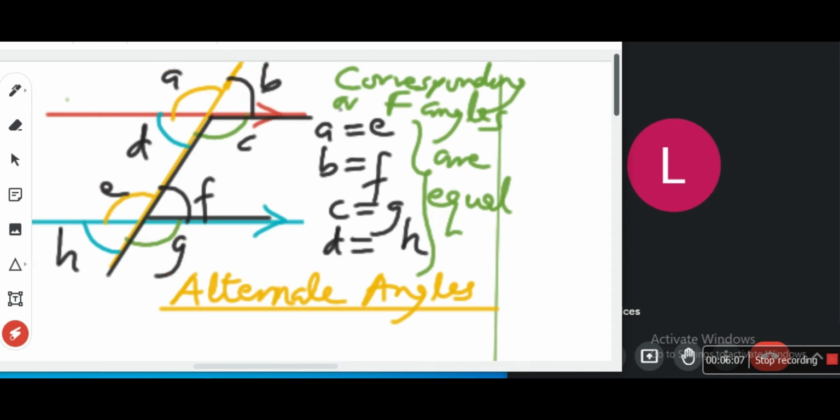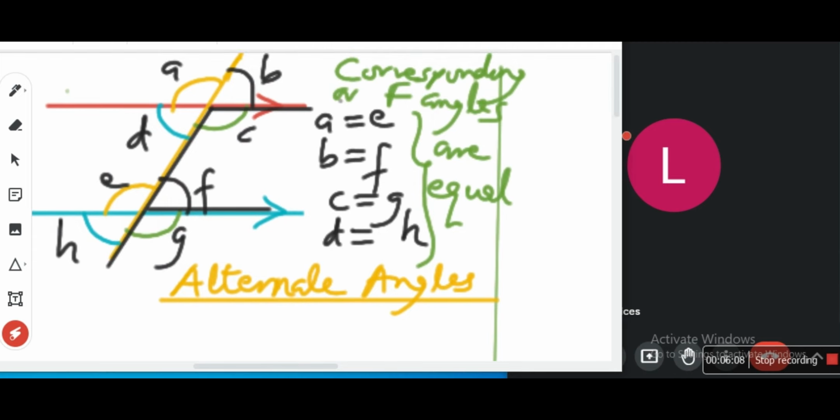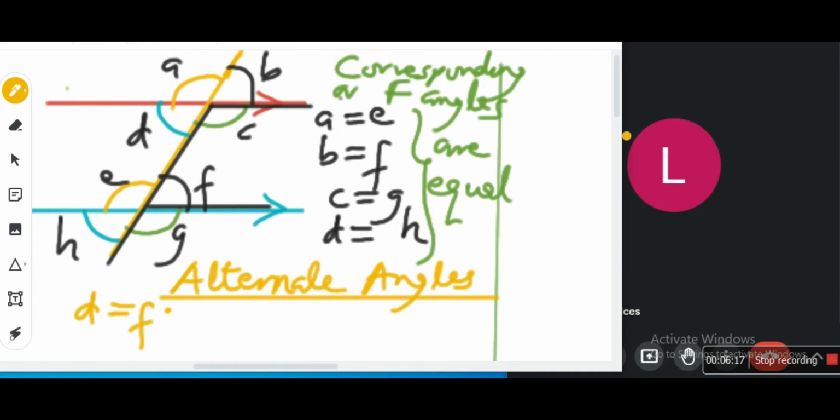Though with a clue, one can get whatever is required. So D is equal to F, alternate angles. We also have E and C. So E is equal to C, yes.